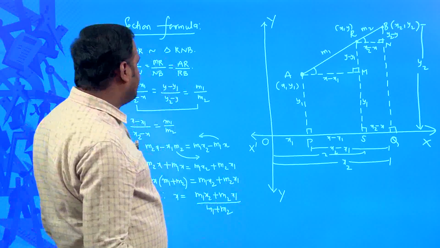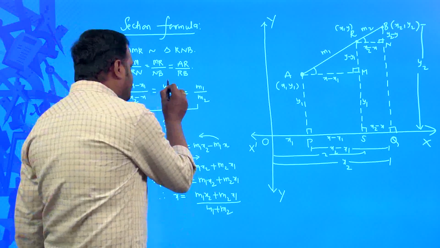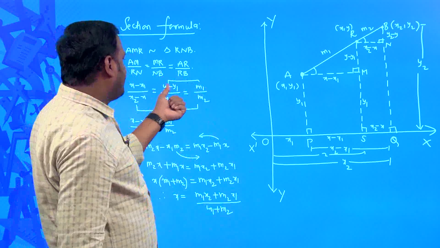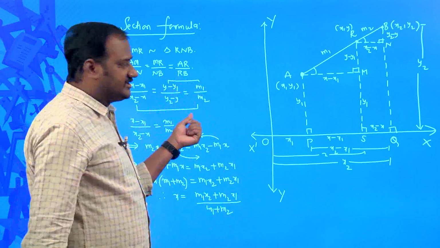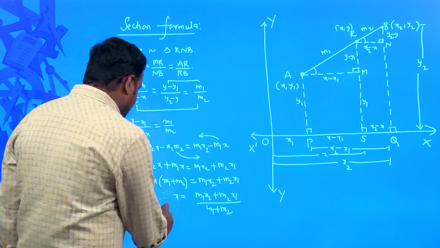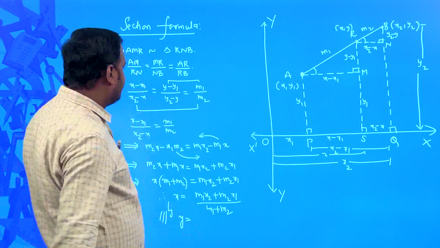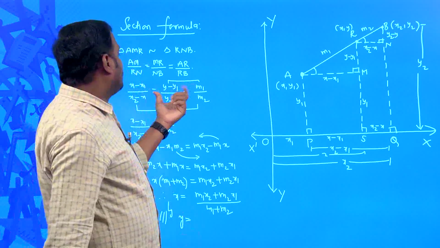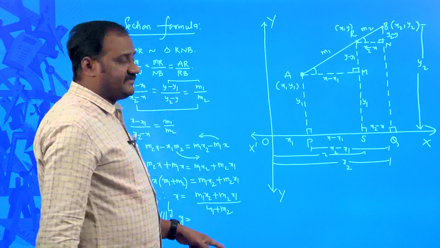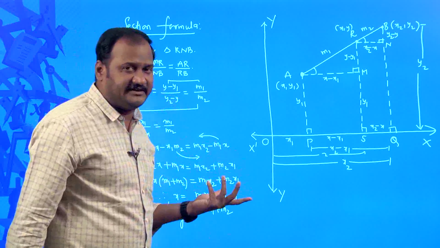Similarly, will you be able to guess what is the value of y here? Because when you equate these 2 terms, then (y minus y1) by (y2 minus y) is equal to M1 by M2, we will also get the value of y. This is the value of x in terms of x1 and x2. Then if you find out the value of y, you will get it in terms of y1 and y2.